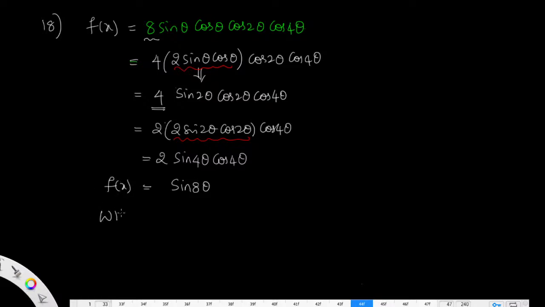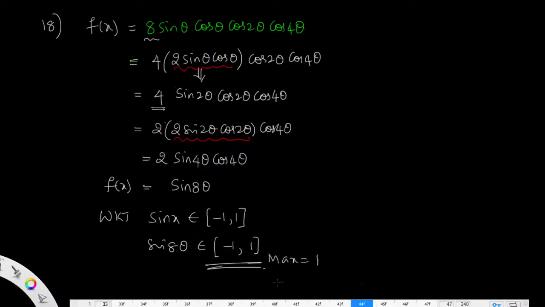We know the range of sin x is minus 1 comma 1, and sin 8x also lies in the interval minus 1 comma 1. So the maximum value is 1 and the minimum value is minus 1. That's all for question number 18.